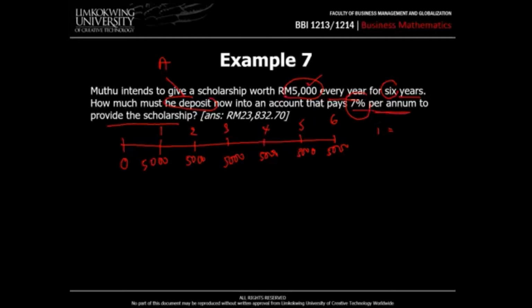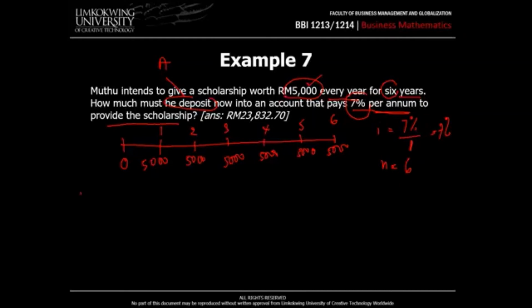What is I? 7%. 7% per annum means you have to divide by 1, so it's 7%. What is N? 6. 6, because you have 6 years, so the term is 6 years.